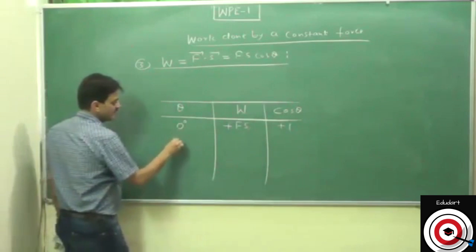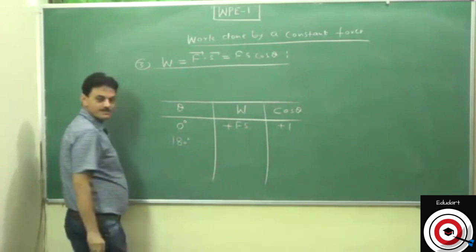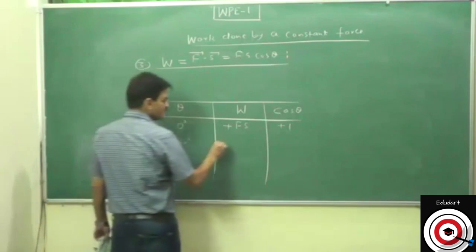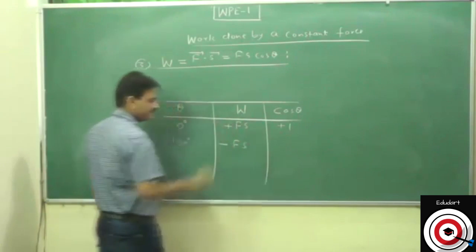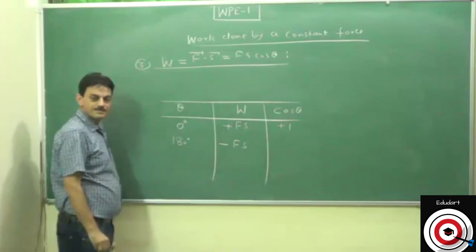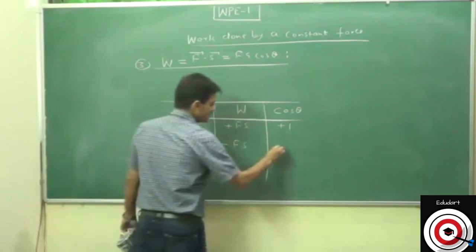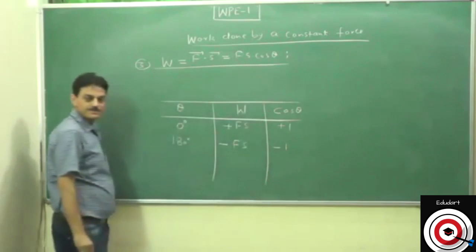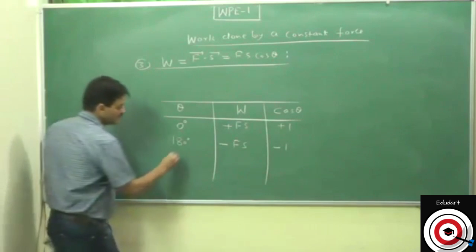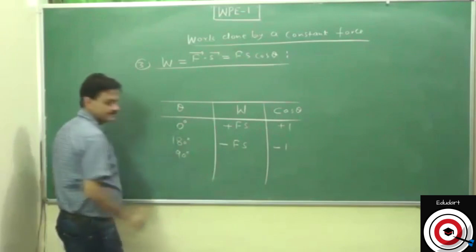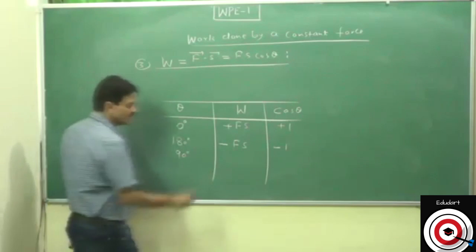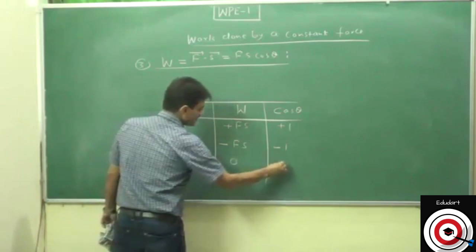If theta is 180 degree, then work done is minus Fs, because cos 180 is minus 1. If theta is 90 degree, then work done is 0, because cos 90 is 0.